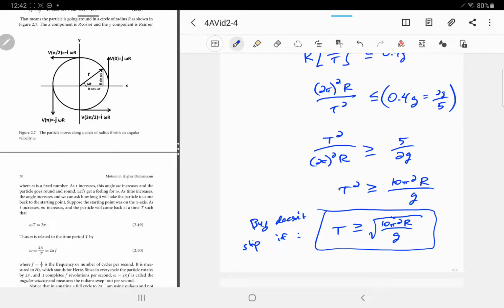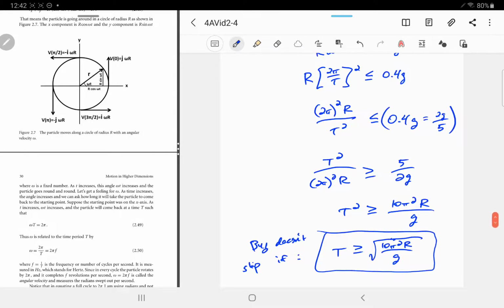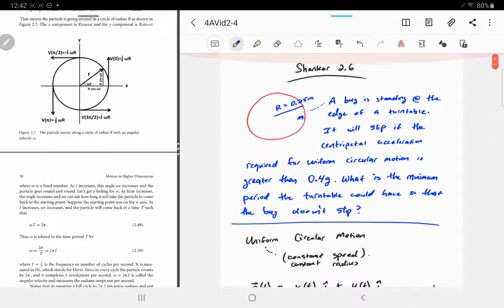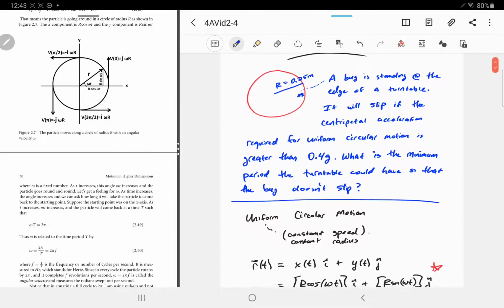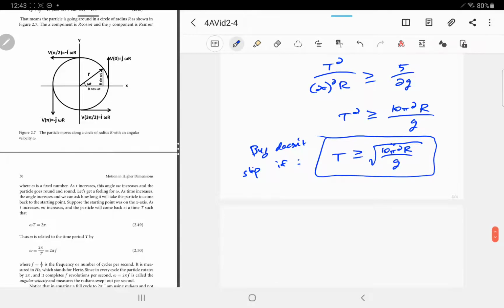Speeding up the turntable will decrease the amount of time it takes to undergo one revolution. We can keep speeding it up until the period has the lowest possible value it can have, which is this. So we can see a little bit more clearly why this is a minimum value, right? You can kind of get away with ignoring this word and just setting all these things equal and finding some critical value. But this is nice because it really shows that this is a minimum.